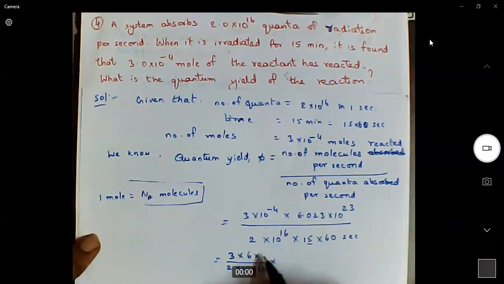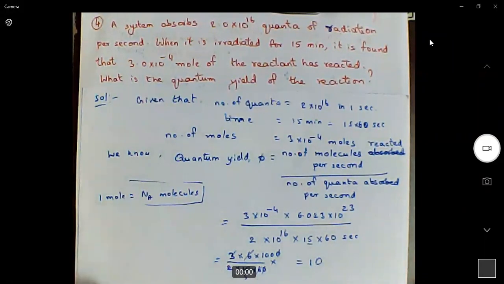So we will get 10 power 3. 10 power 3 is nothing but 1000. So 0, 0 will get cancelled. 6, 6 will get cancelled. And 3 will get cancelled 5 times. 2 into 5, 10 times. So 100 by 10, it becomes 10. So this is the quantum yield for this reaction.